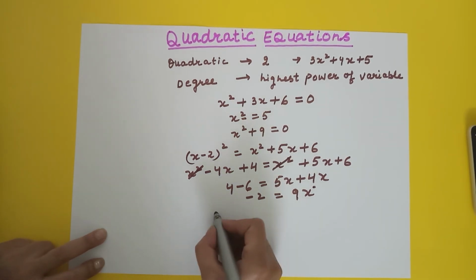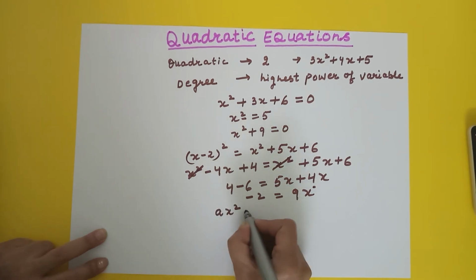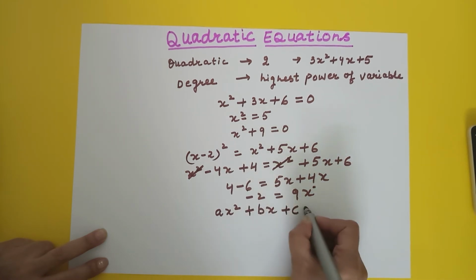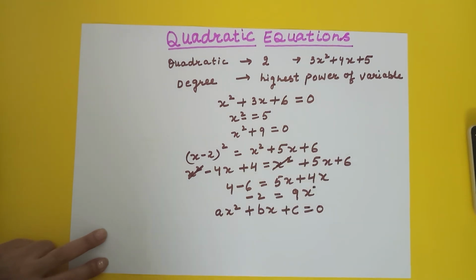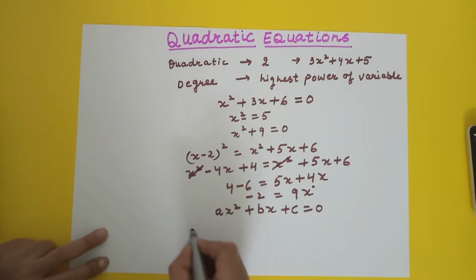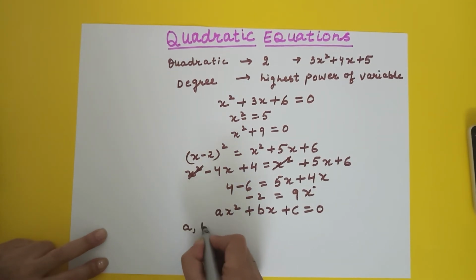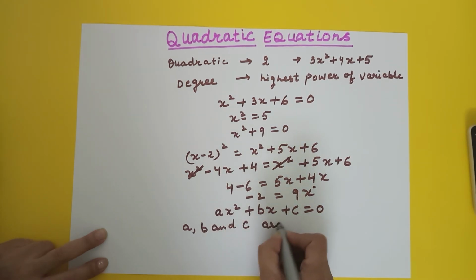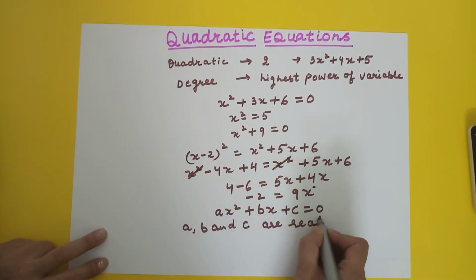The next step is, what is the general form of the quadratic equation? The general form of a quadratic equation is ax square plus bx plus c equal to 0, where a, b and c are real numbers.